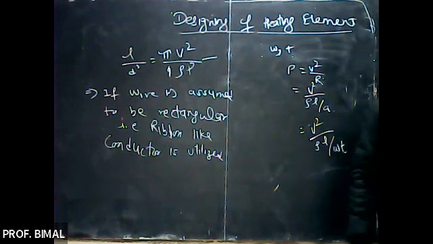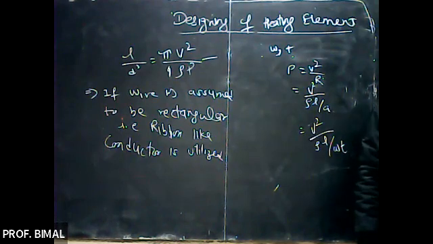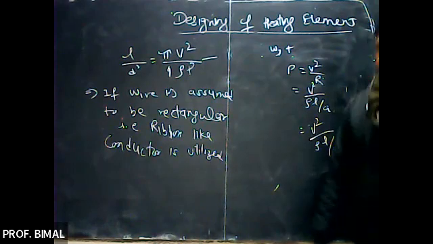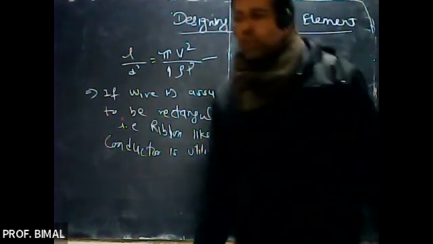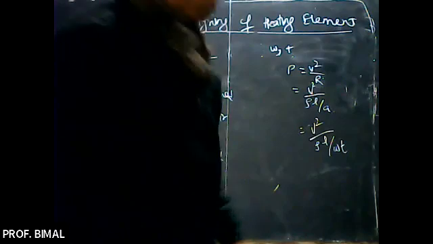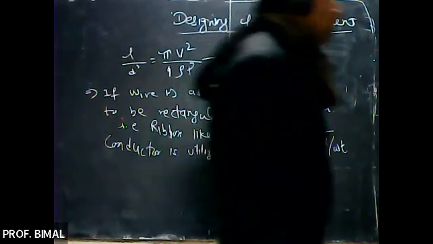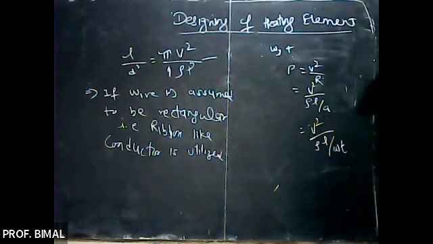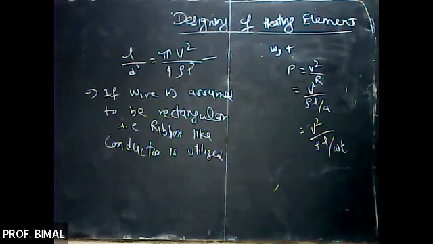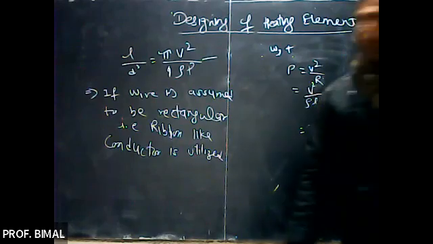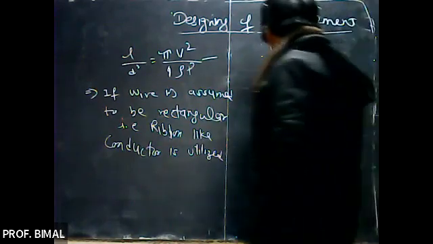That will be the area of cross section of the conductor if the material is rectangular in shape, right? So in this case, you may calculate the value of L upon WT from this equation.